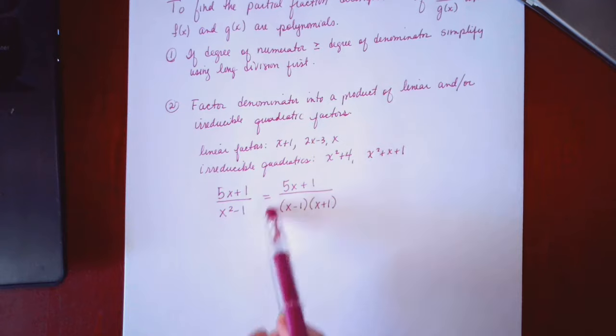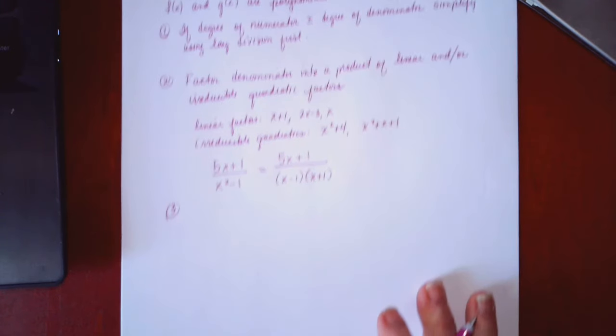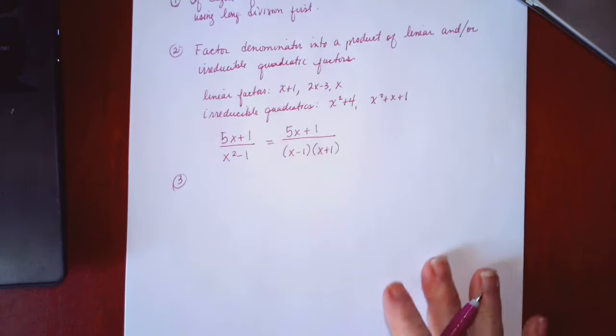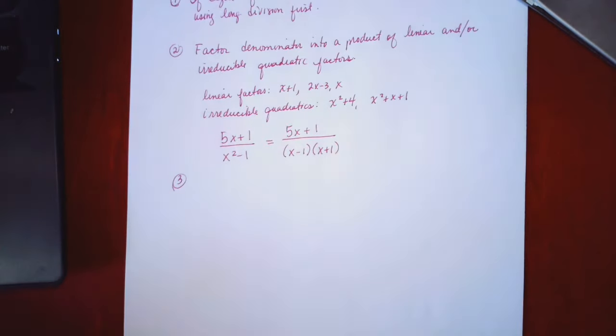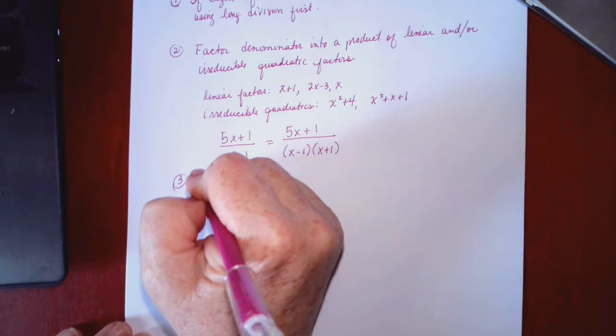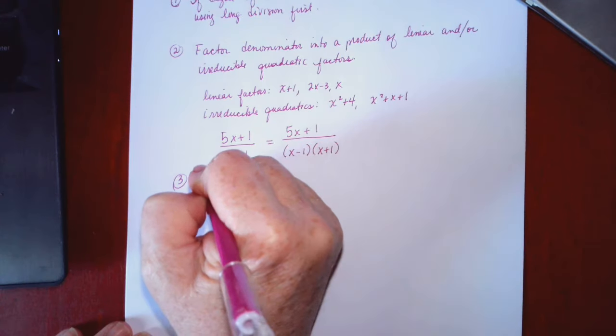Once we have the denominator factored, what we're going to do next is set up what we call the decomposition equation.